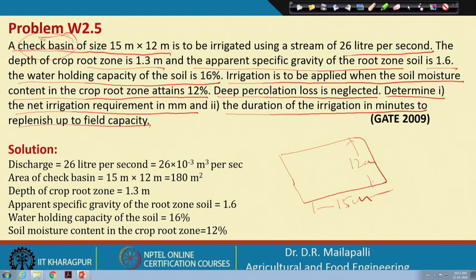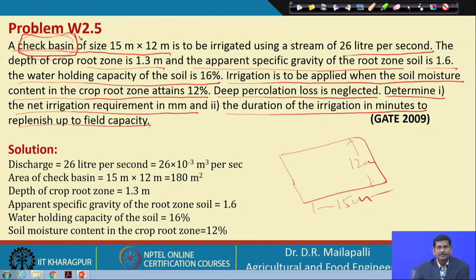Here the check basin is the method of irrigation, how to give irrigation. So, the solution: the given data is like this.